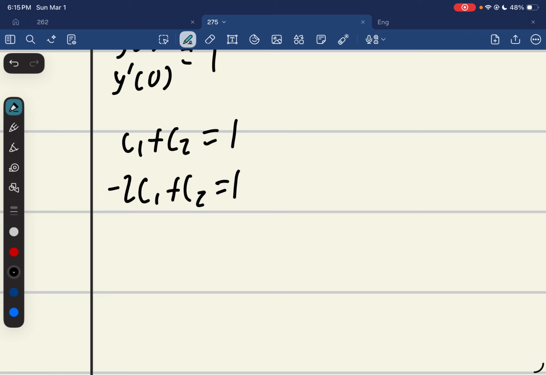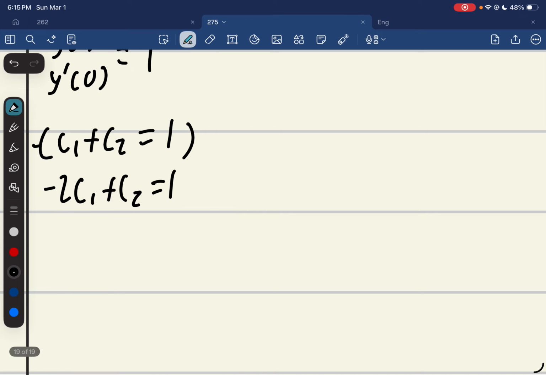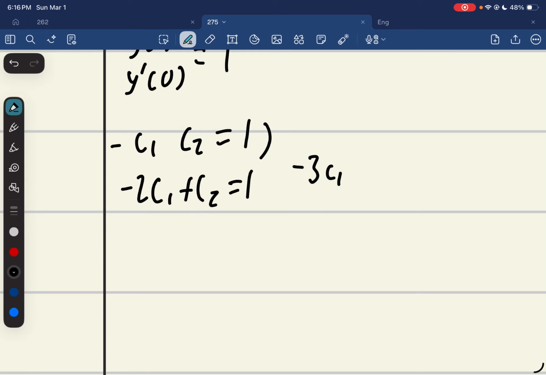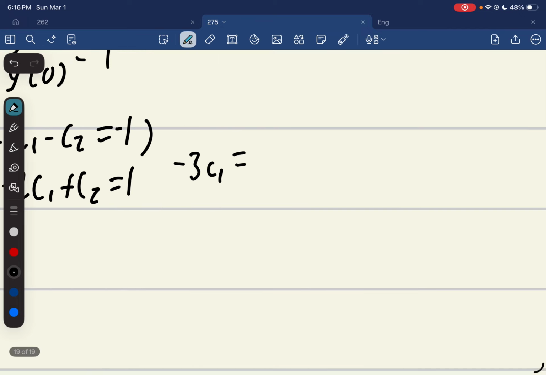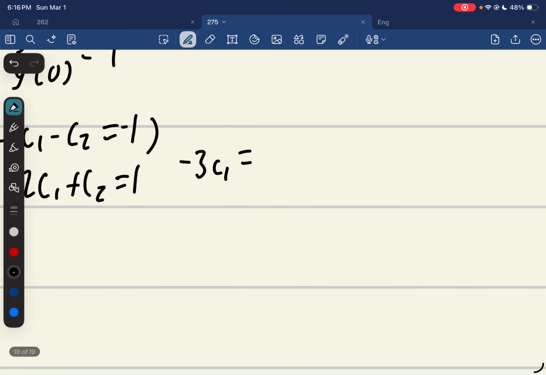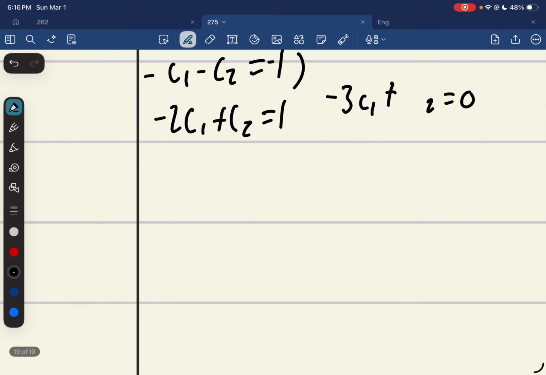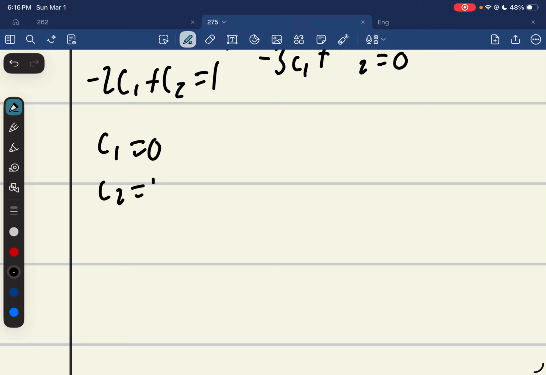So we'll subtract, and that's negative 3c1 equals negative 1 plus 1, which is 0. So c1 equals 0. And just plug that in here: c1 plus c2 equals 1.